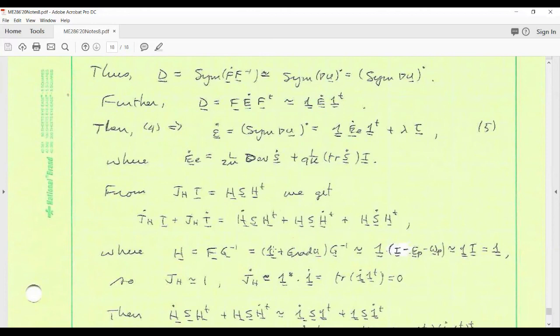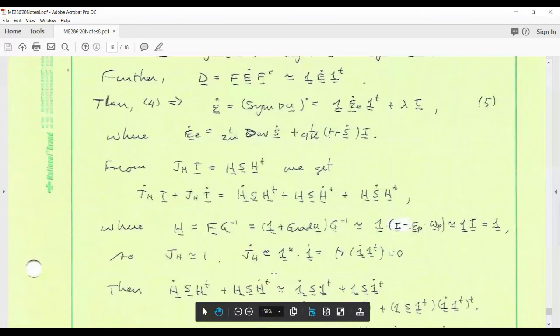H is then, if you go through what we've done before, approximated by the shifter. So its det is approximately 1. Its time derivative is then approximately the cofactor of the shifter, inner product, the dot of the shifter.